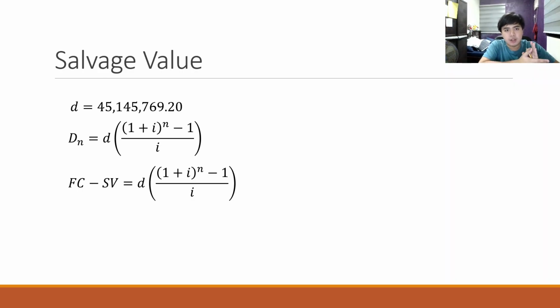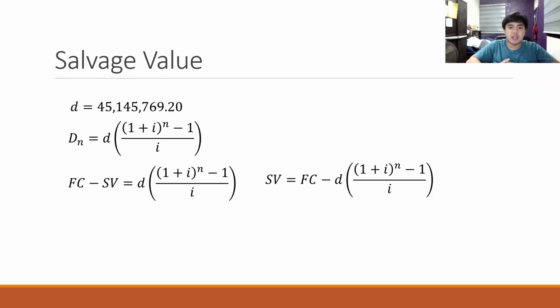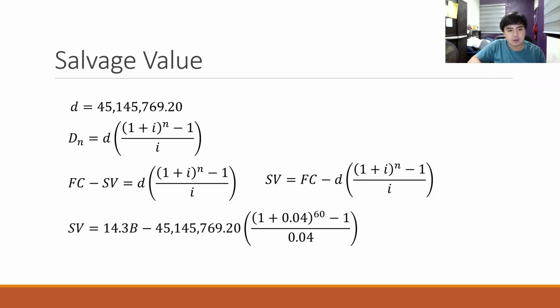But we know that the total depreciation is first cost minus salvage value. And isolating salvage value, we get salvage value equals first cost minus annual depreciation times the uniform series compound amount factor. Now, we have first cost, we have depreciation, we have interest rate, we have end of life. I think we can compute for salvage value. So salvage value is this.